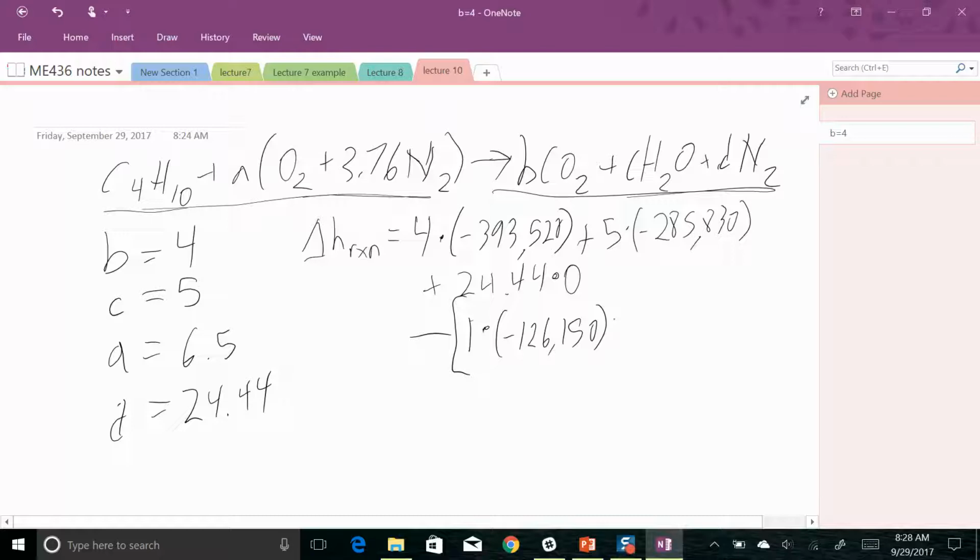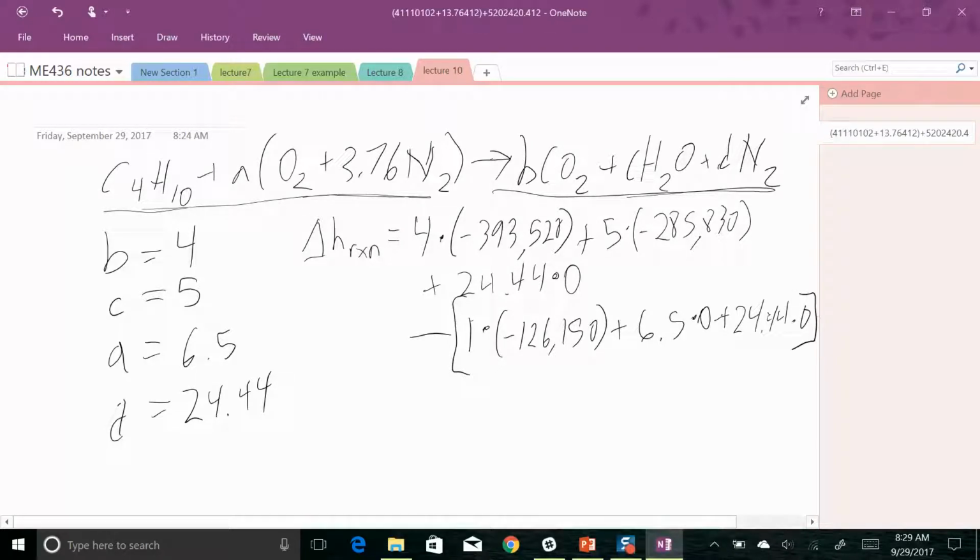And then I'm also going to be subtracting the oxygen and nitrogen. Both of those are going to be 0, but I'll do it here just for completion. 6.5 times 0 and 6.5 times 3.76, which is the 24.44, times 0.